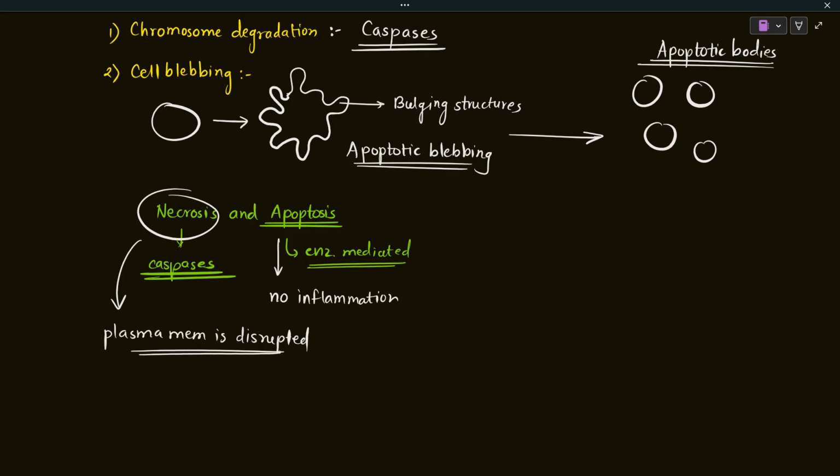So unlike apoptosis, where I told you in the apoptotic blebbing there will be no disruption of the plasma membrane, in necrosis the plasma membrane is disrupted, which leads to the spilling of subcellular components, like heat shock proteins, the DNA of that cell and other regulatory proteins in the surrounding tissue.